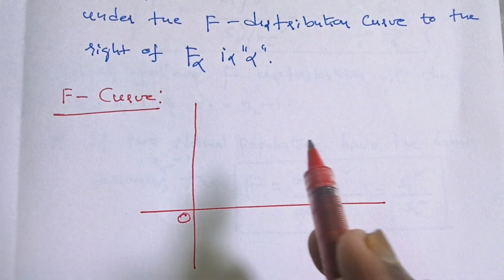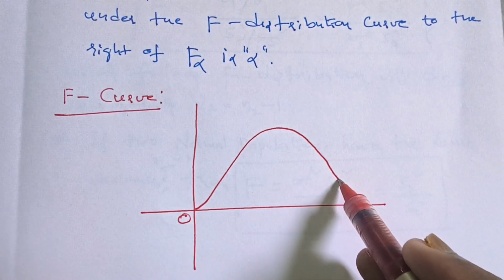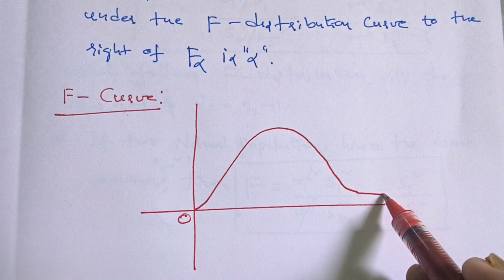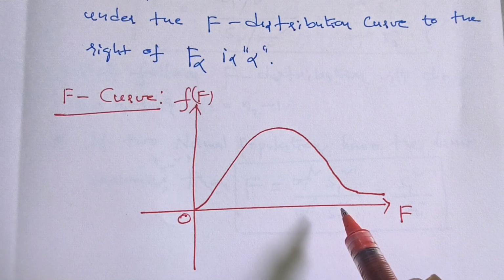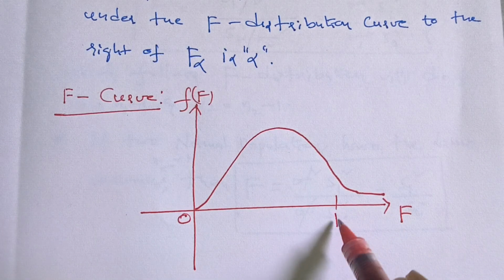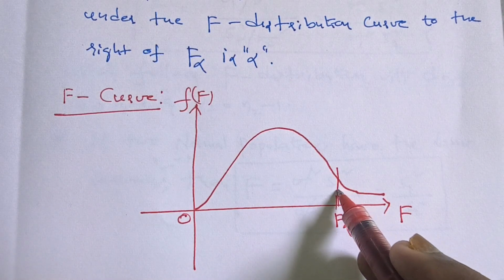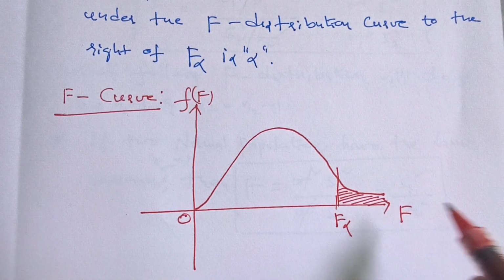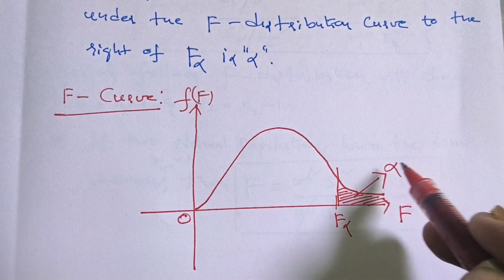Now look at the F distribution curve, simply the F curve. How is the F curve? Because the F distribution curve totally lies in the first quadrant, it means it has completely positive values. Suppose on the horizontal line F, we have the point F alpha.